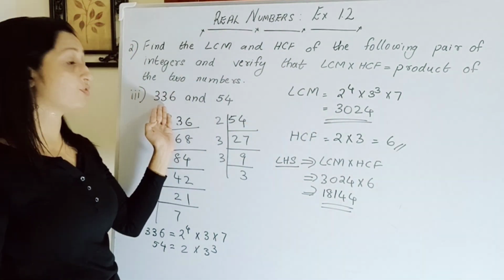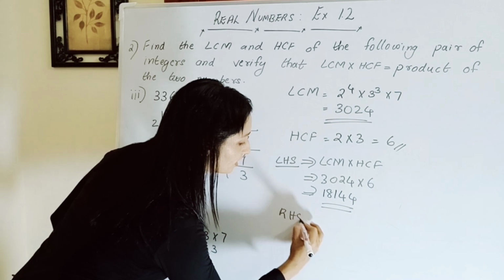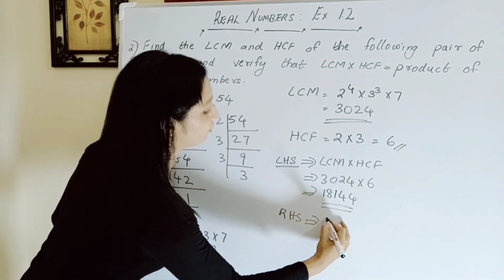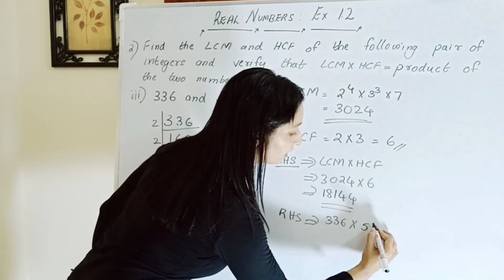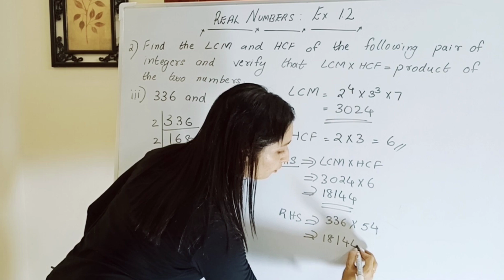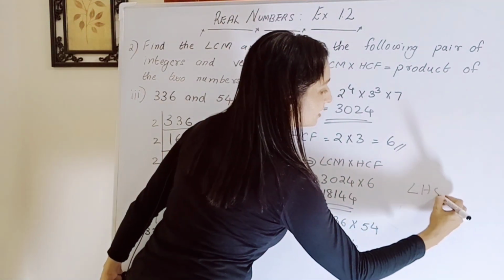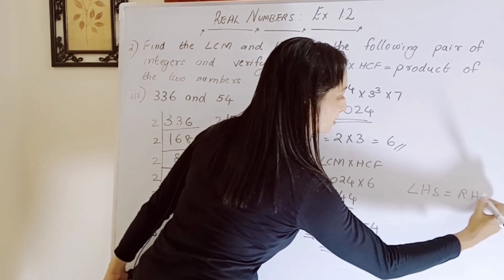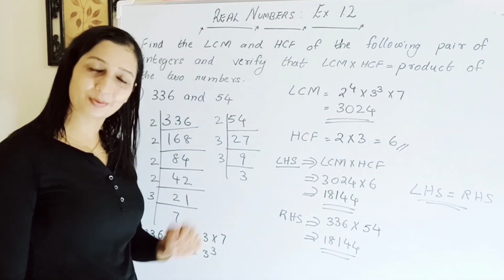What is our RHS? 336 into 54. Again you get the answer 18144. That implies LHS is equal to RHS. Hence proved. Now let's move on to our next question.